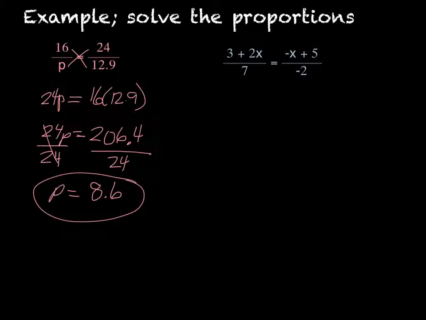Next one. A little bit more difficult because we have x's, and not just one, there's two of them. So it's going to be a little bit more work once we do the cross multiplication. So we're going to cross multiply here, and we have 7 times (negative x plus 5) equals negative 2 times (3 plus 2x).